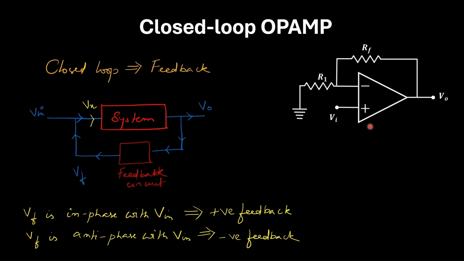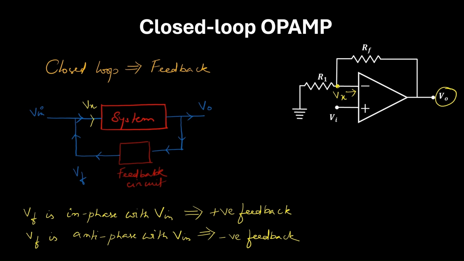Now, to identify whether this is a positive feedback or negative feedback, the voltage at this point, I'll call it Vx. So some signal is going inside to this OPAMP. Now, correspondingly, we'll be getting the output. Now, if you see carefully, the output due to Vx will be inverting. That is because the Vx is fed to the inverting terminal of the OPAMP.